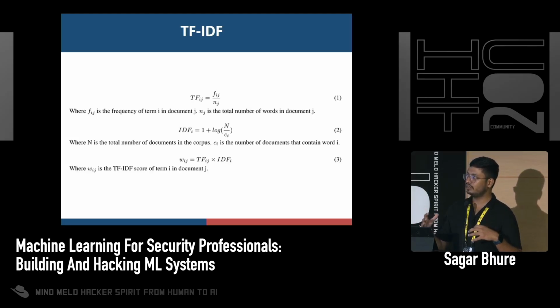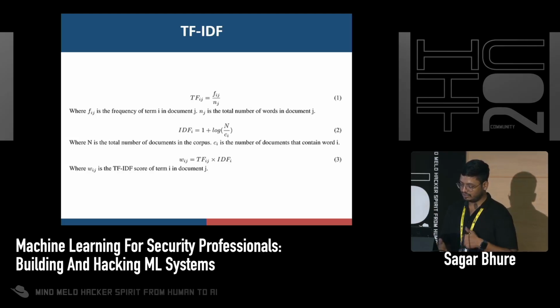Inverse document frequency, or IDF, is this formula basically, where you just have a capital N, which is the total number of documents in the set of documents you have, and CI is the number of documents which contain the word I. Let's say if it's about calculating the word hitcon, how many documents have the word hitcon.